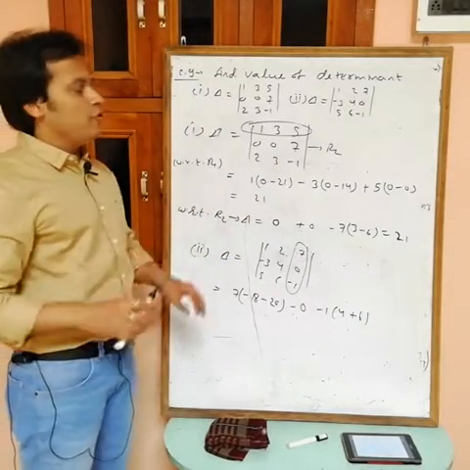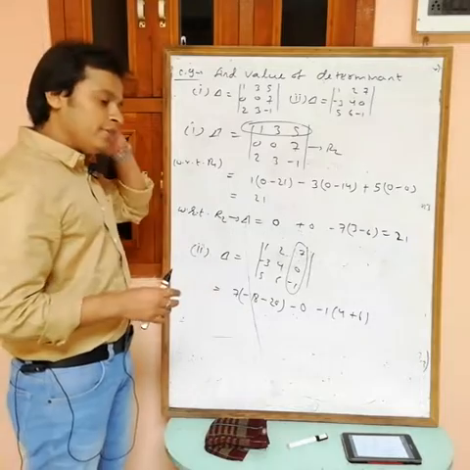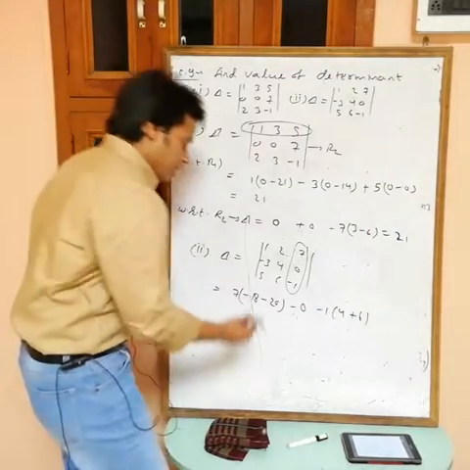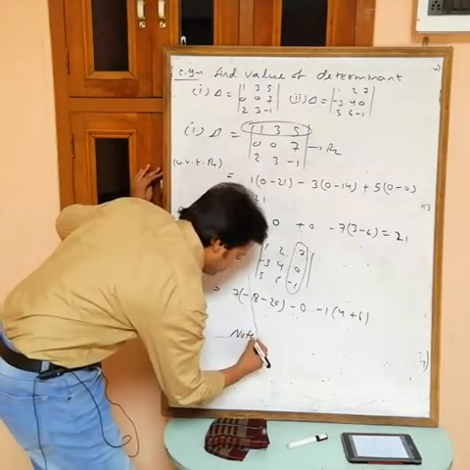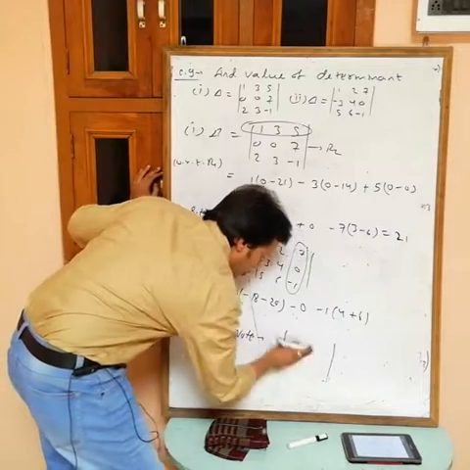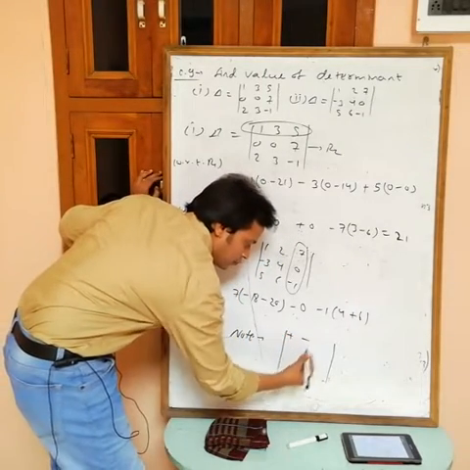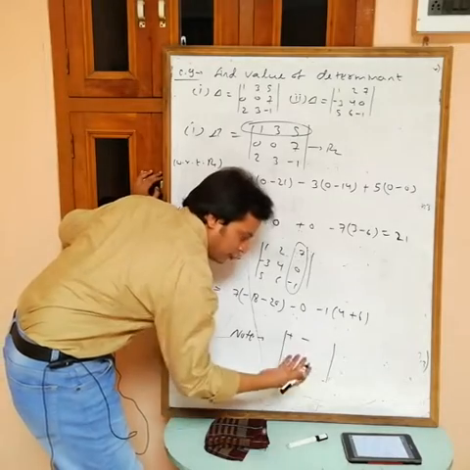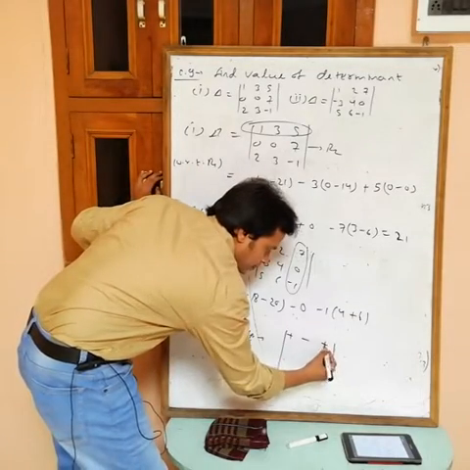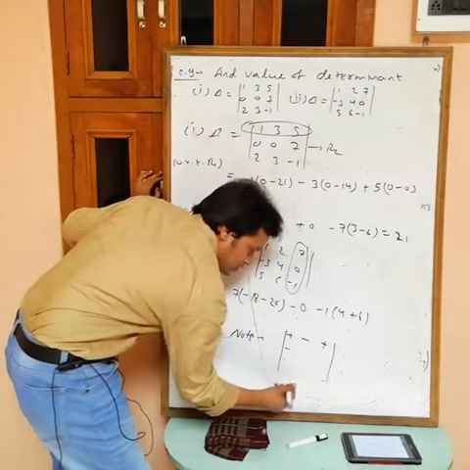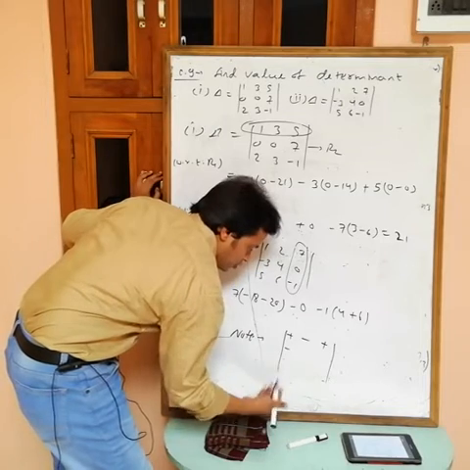Also, for a 3 by 3 determinant, you can easily remember the signs. See: a11 plus sign, a12 minus sign, sign for cofactor. a13 plus sign, a21 minus, since 2 plus 1 is 3, odd, so minus.